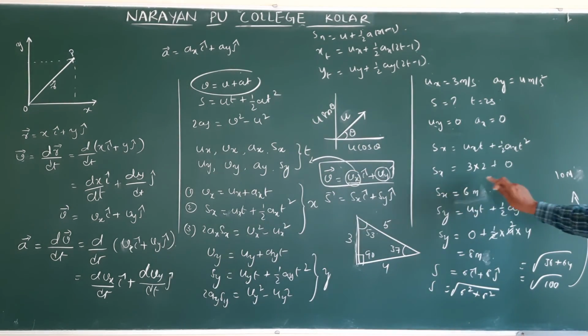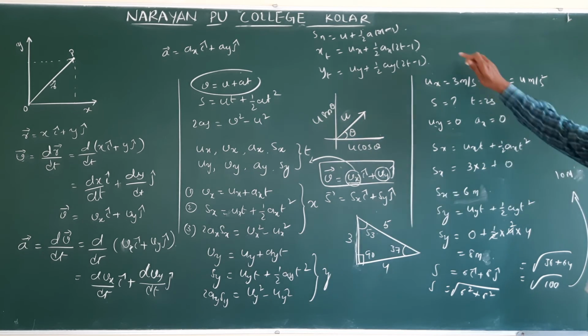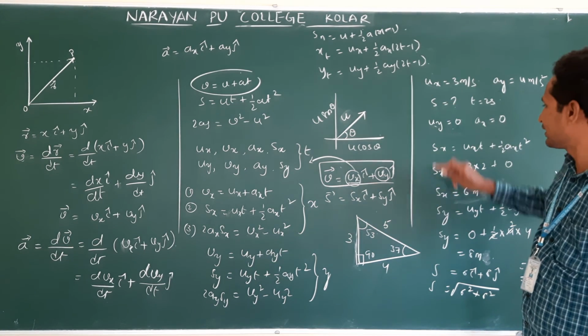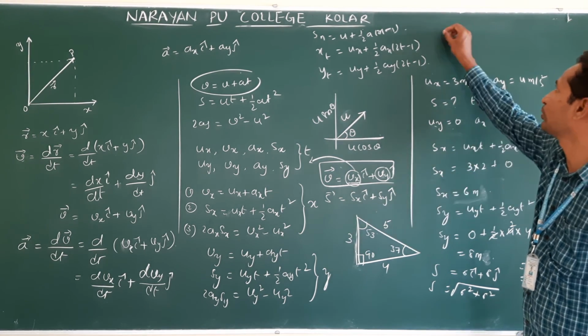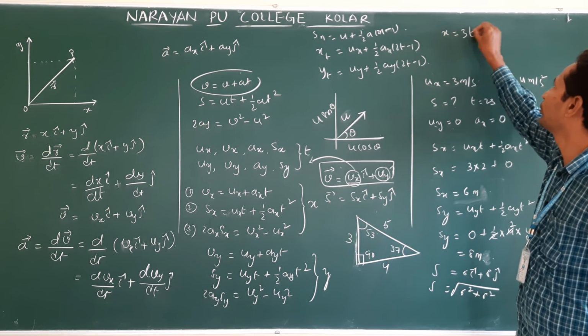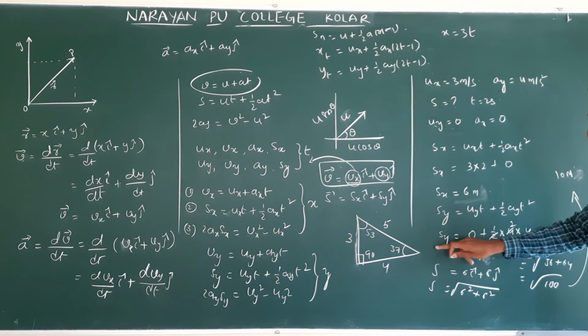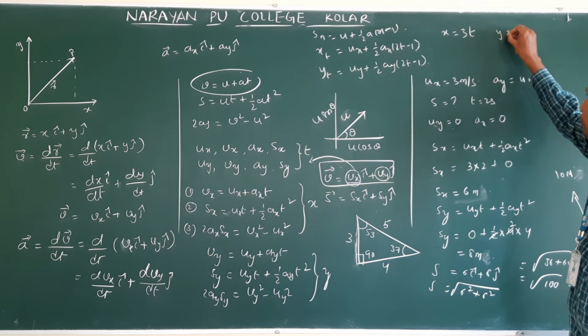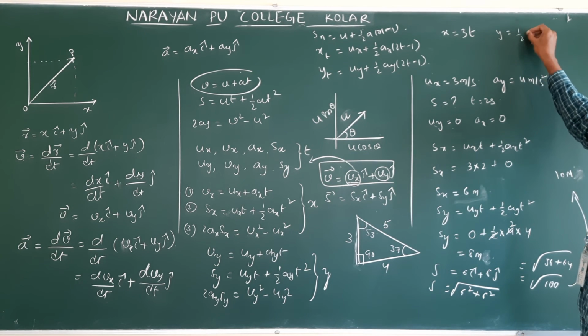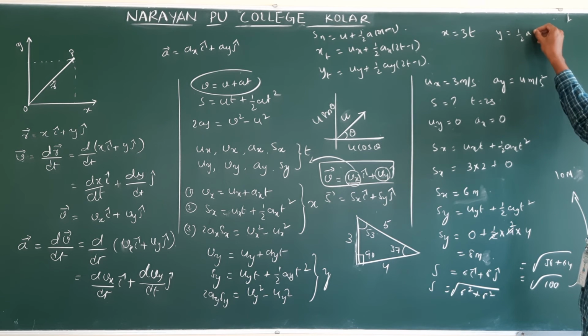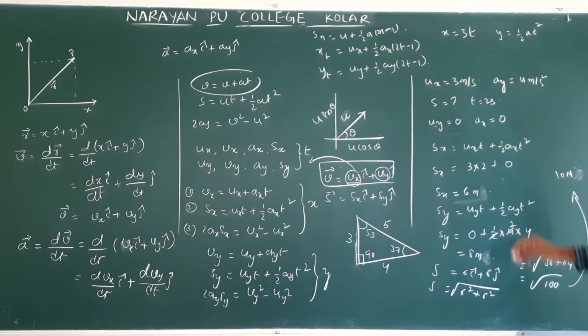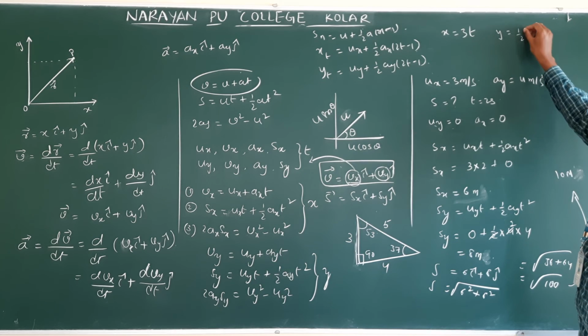Instead of substituting, we will just follow this equation. I can write Sx is what? Displacement along x direction. So x is equal to 3 into t. Then how will this equation become? y is equal to half a t square. A is given, so this is half into 4 t square.